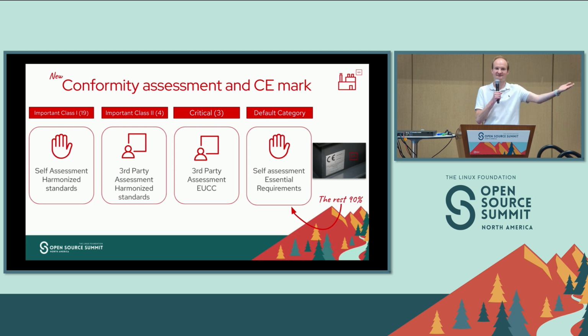And the brilliant thing is, it's also applicable for software. Okay, all of us are still trying to figure out how to affix the CE mark to software, so it's nice and cozy. But yes, it's still unclear so far. We're trying to figure that out.